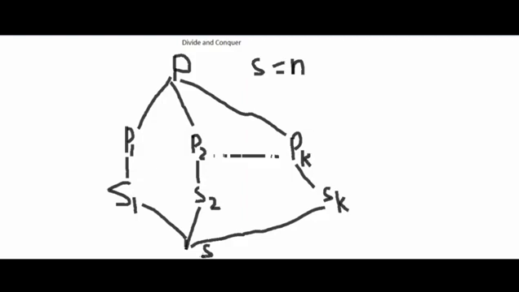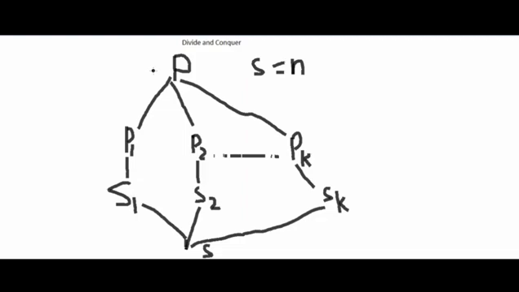Now, in order to get an idea that we can solve a problem using the divide and conquer approach, or that the approach is applicable to this problem, how can we get to know about that? How can we analyze the problem? Remember, the first step in divide and conquer is to divide the problem into sub problems. But remember, the sub problems you have made from the problem must be of the same type.